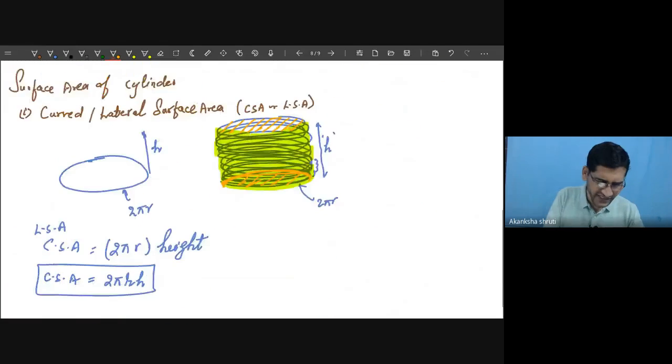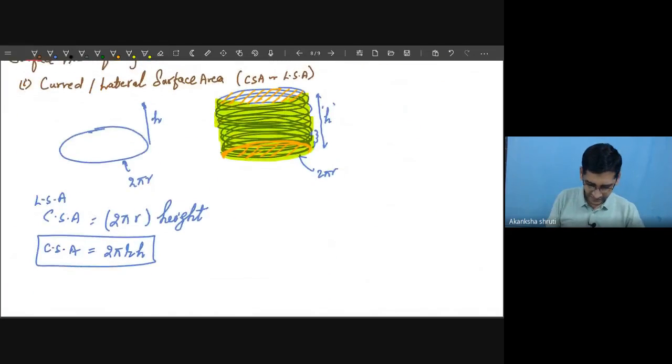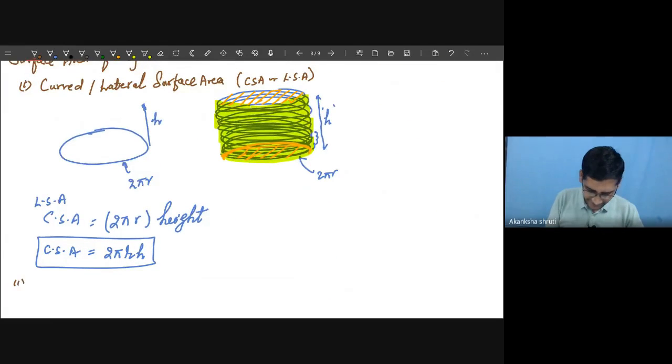So let us go for that. The second one is the total surface area, for this cylinder we are calculating, students.